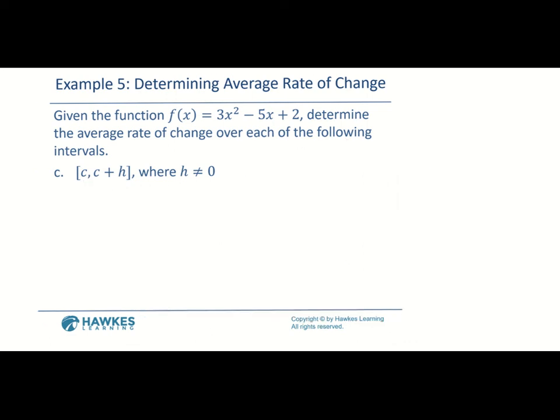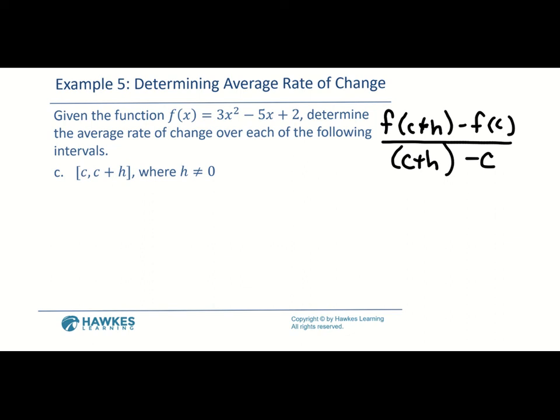All right, so what we need for our difference quotient is we need f of c plus h minus f of c, all over, it should be b minus a, or in our case, it's going to be c plus h, which is our b, minus c.